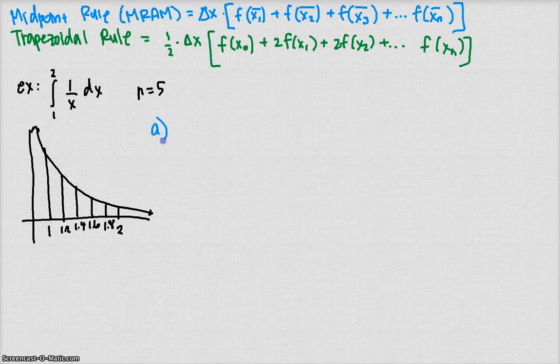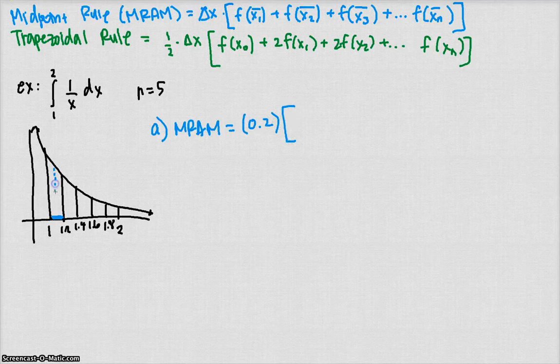The very first one I'm going to find the MRAM for. And the MRAM will be delta x, which is here, which is 0.2. And then I'm going to add up each of these midpoints.